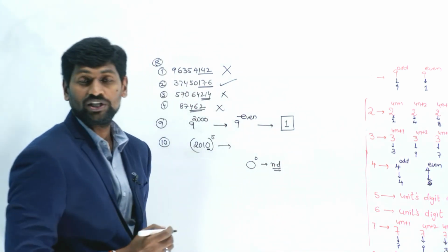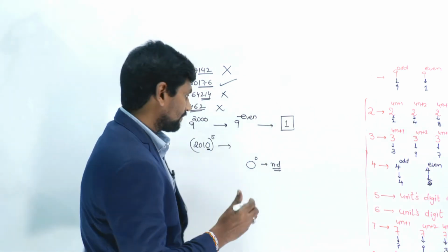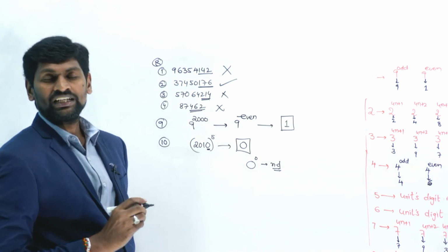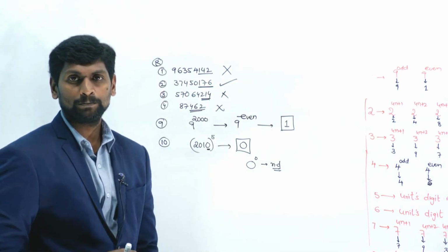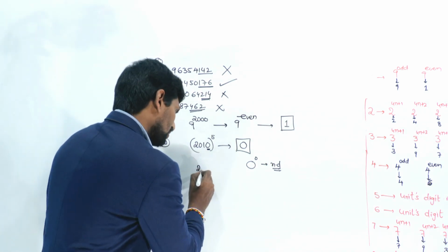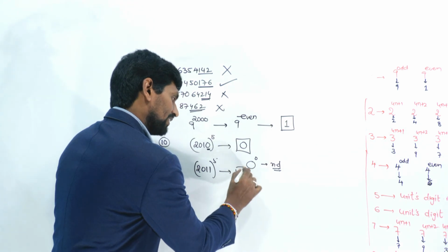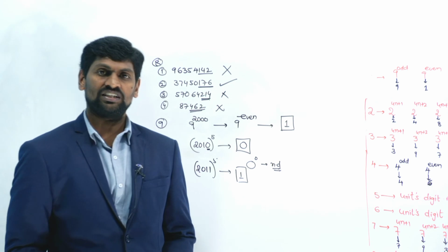So the answer for 2010 power 5 ends with the digit 0. Same way, 2011 also ends with the digit 1. 1 power anything is 1, or 0 power anything is 0.